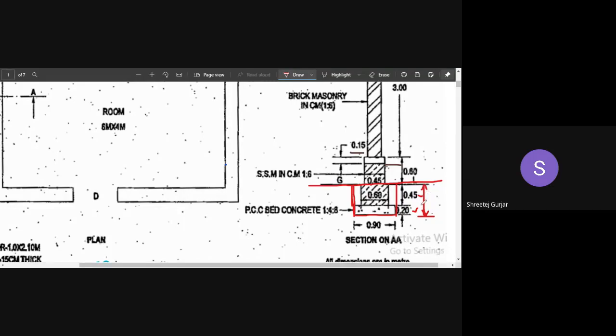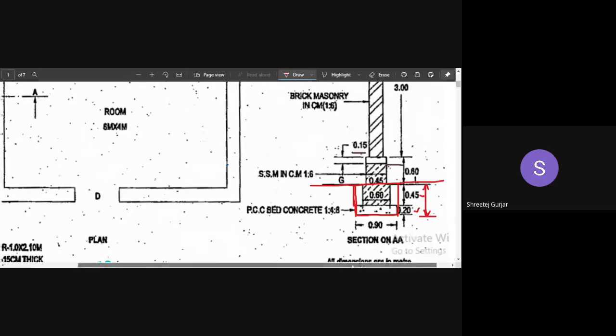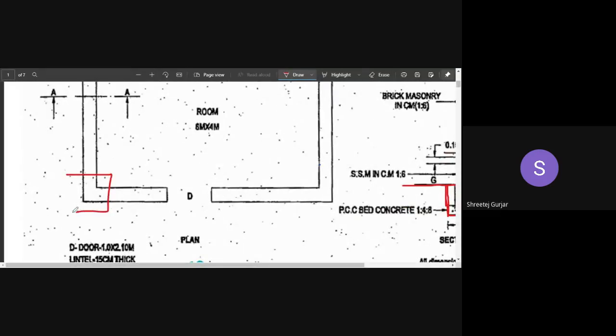We have now got the height and the width of our excavation. But what about the length? If it was a column, the length would have been fixed, width would have been fixed, and depth would have been 0.65. This is not the case.